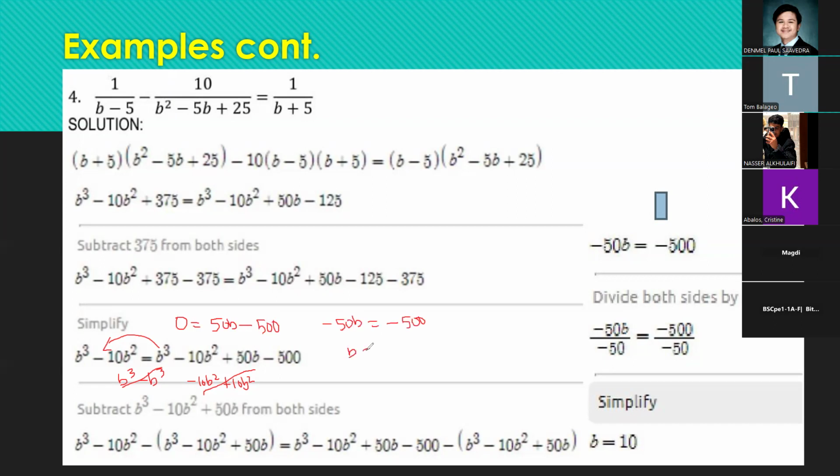So therefore, b is equals to negative 500 over negative 50. So negative over negative is simply positive. And then 500 over 50 is positive 10.